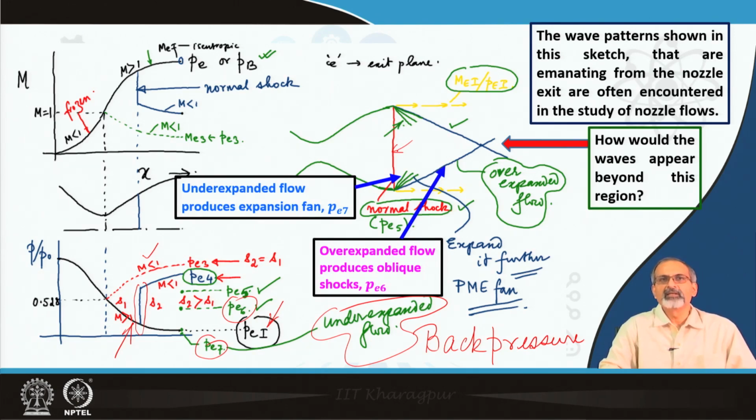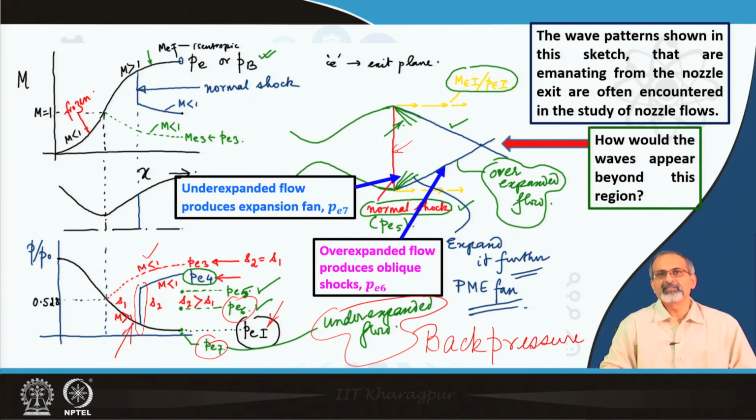For example, the nozzle which is functioning to lift off a rocket has to go through altitude change, and therefore the ambient pressure will change. It will keep reducing monotonically as the rocket gains altitude, and therefore the nozzle will most often be functioning at off-design conditions.